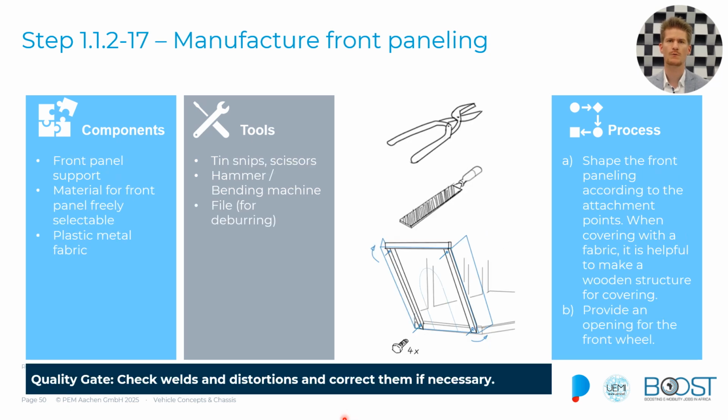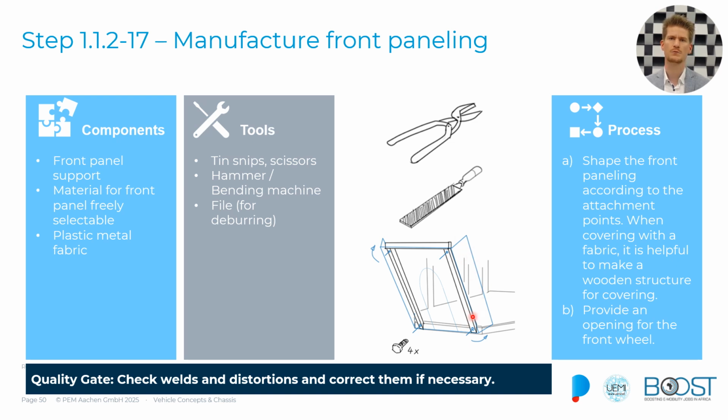Now we're at the step where we will again need our template that we did before, because we're now going to manufacture the front panel. So we have the front panel support, the material for it, which could be anything, maybe some sheet metal if you want to have it very durable and very strong. And we then have our template tools you can see over here, and we now start to shape the front paneling according to the attachment points and the template that we just did.